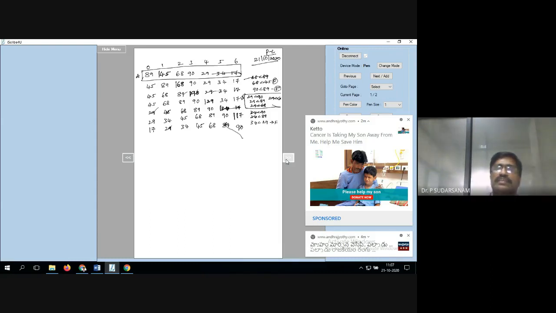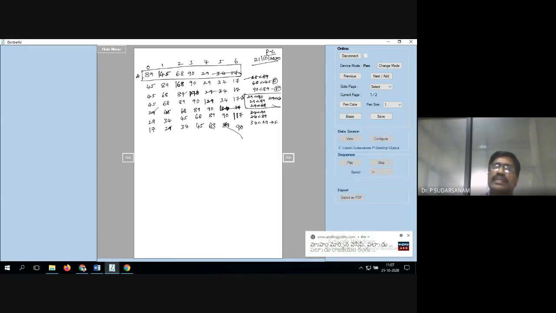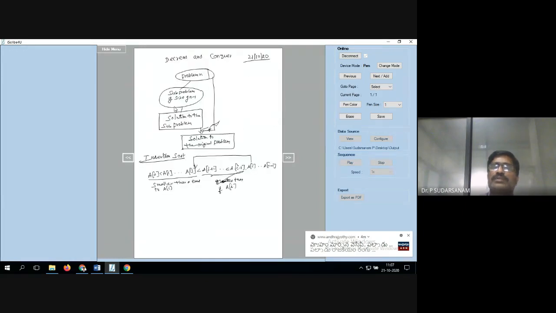So this is the way of writing insertion sort. Insertion sort is nothing but this: you take any iteration, for example the last iteration. If you see 17 is the element, you have taken one number, so you have a subproblem of size n minus 1. That is what I have written here: a subproblem of n minus 1, one element taken.